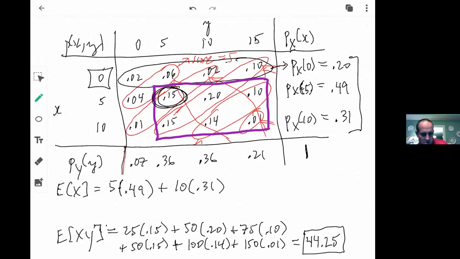Again, I don't record the 0 because that's not going to contribute anything anyway. So what does this equal? 5 times 0.49 plus 10 times 0.31 equals 5.55.